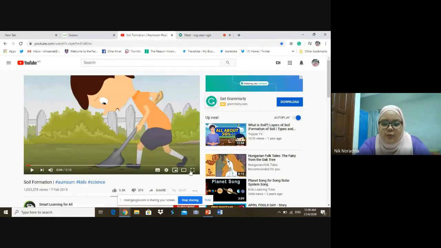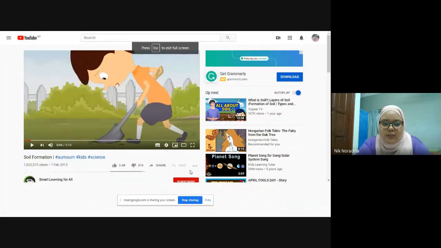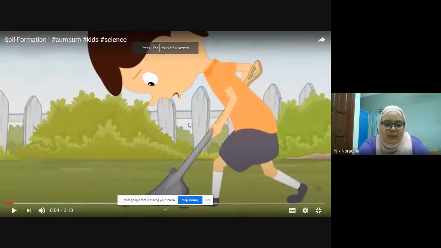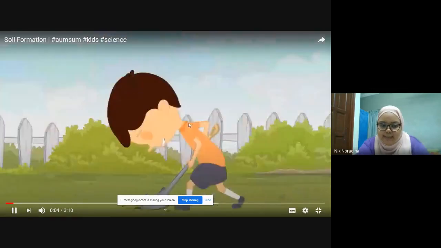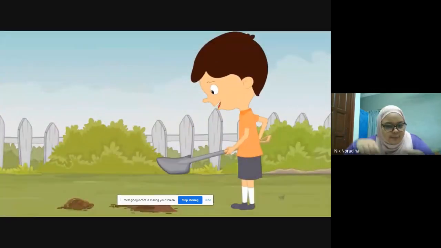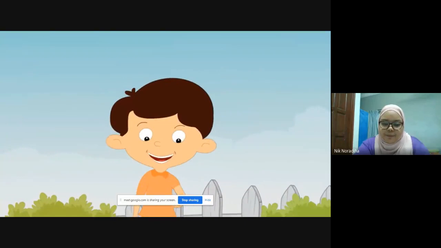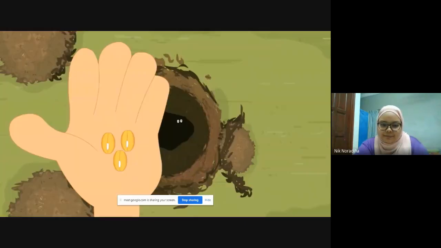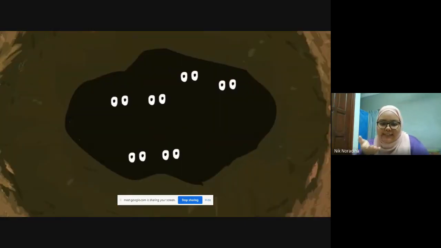Okay, if you can see here, here is the video of soil formation. How did the soil formation happen? Okay, this boy is digging the soil. You want to plant a seed.